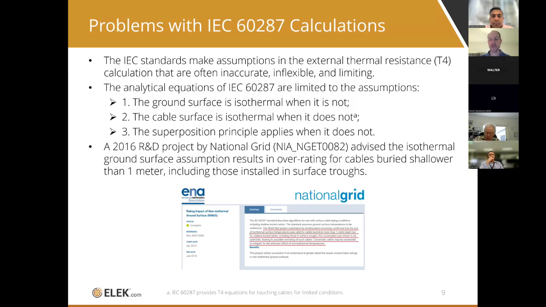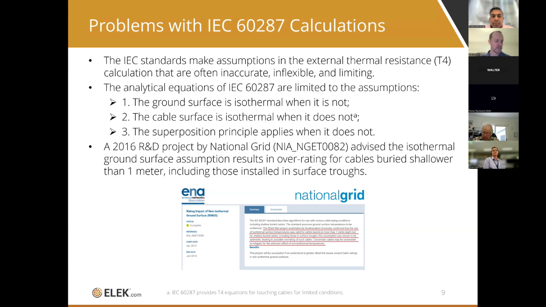So the analytical equations of IEC 60287 are limited to the assumptions. The T4 calcs in IEC are limited to the assumptions that the ground surface, for buried cables, is isothermal, which means that's ideal. When in reality, it's not.